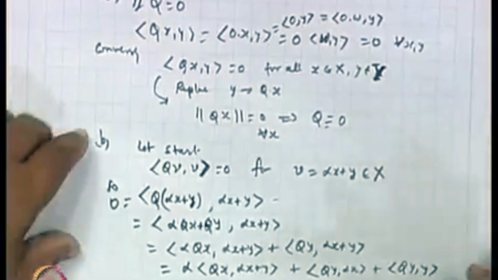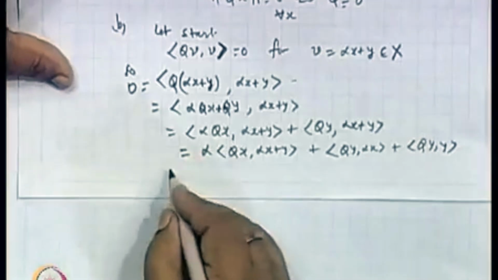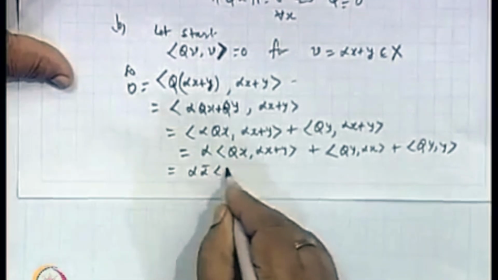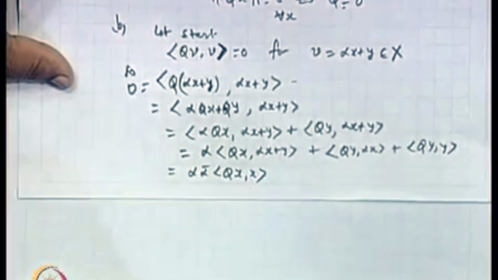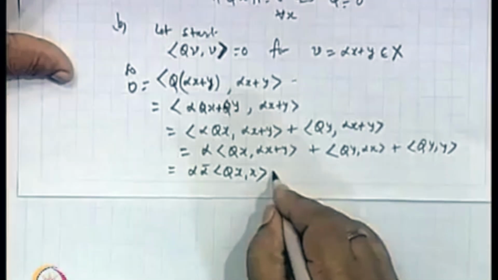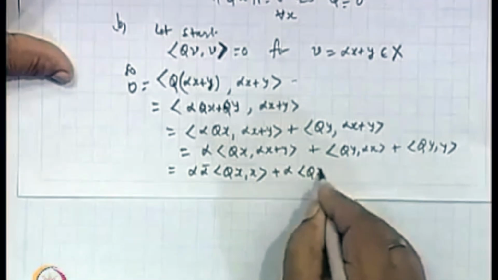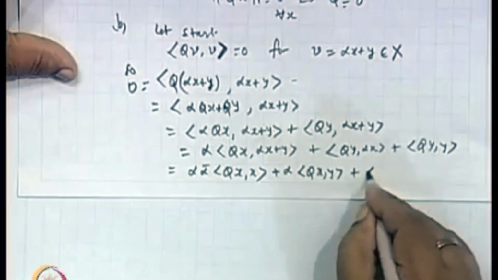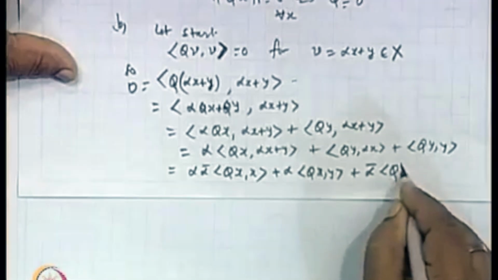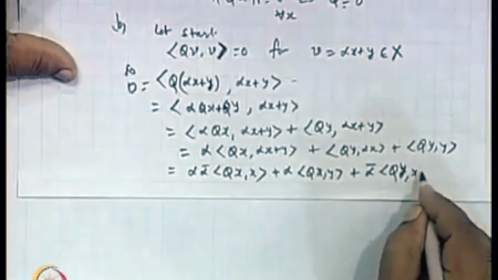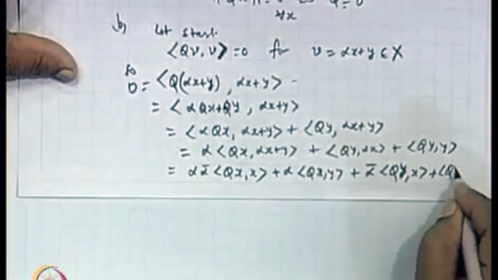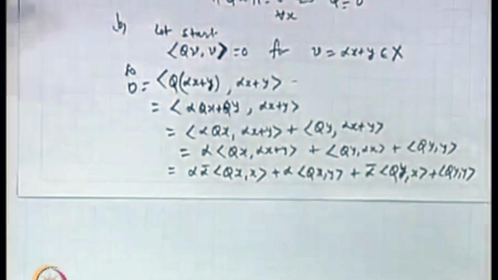Now again, the alpha can be taken outside, so |α|² ⟨Qx, x⟩, and then plus α⟨Qx, y⟩, and plus ᾱ⟨Qy, x⟩ plus ⟨Qy, y⟩. Is it okay?